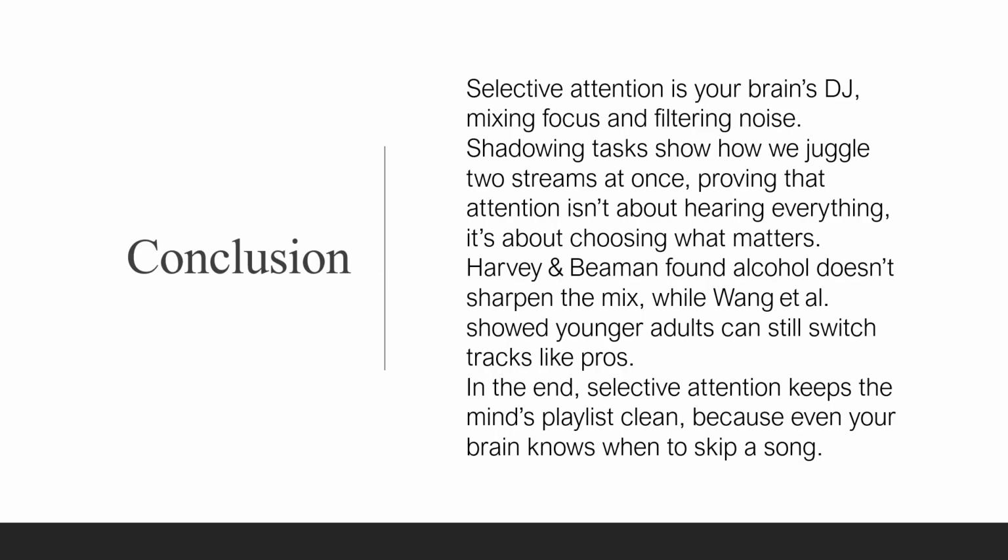Our brain constantly balances focus and flexibility, deciding what deserves attention and what we can ignore. Understanding this process helps explain everyday experiences, from tuning out background chatter to staying alert in complex environments. In short, selective attention is a key part of how we manage information and maintain cognitive control.